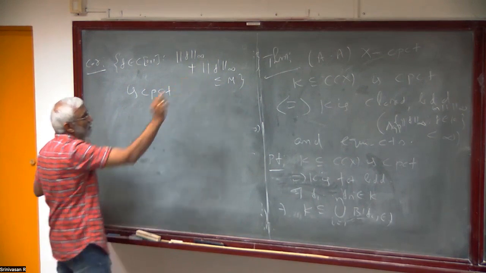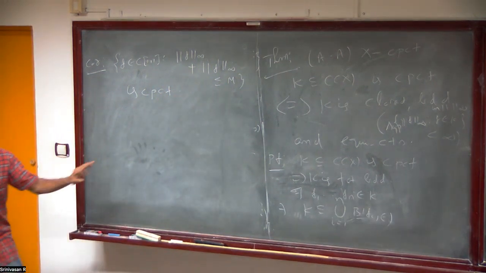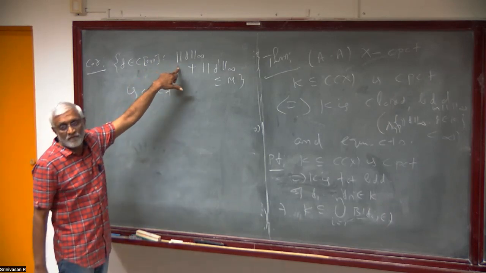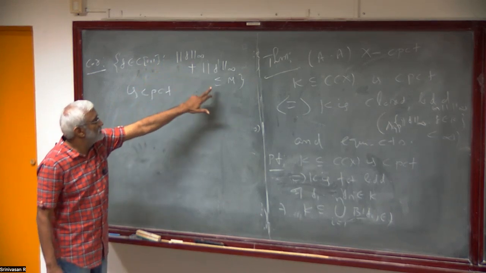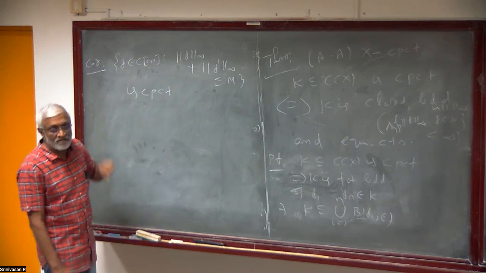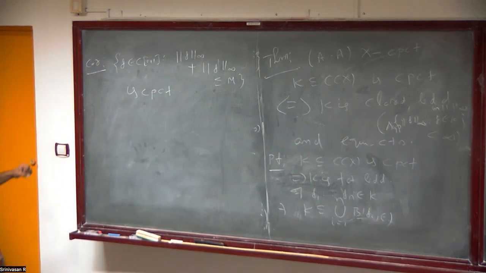It's closed here. Whenever you have less than or equal to, it will be closed. It's compact in this. It's clear because we already proved the equivalence. It's closed and it's bounded. This condition ensures all those functions are bounded. The set is bounded, it's closed, and it is equicontinuous here. So this is compact.